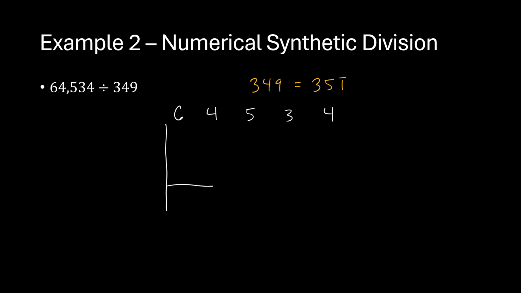Now we're going to do the same with our divisor. So with our divisor, we have 350 negative 1. And by the way, that's a negative 1. So that is using negative digits.